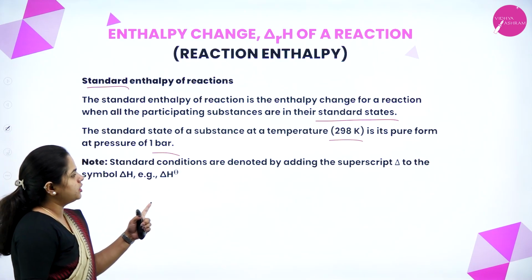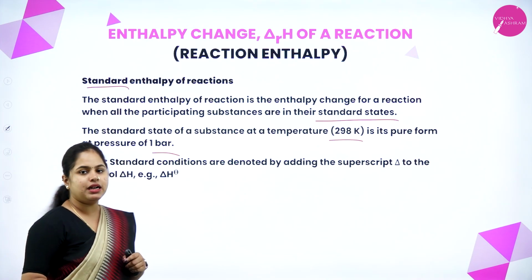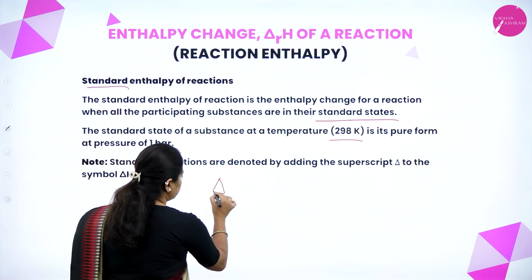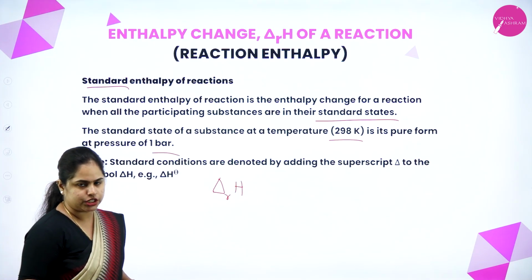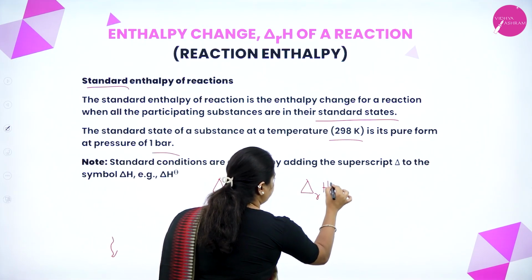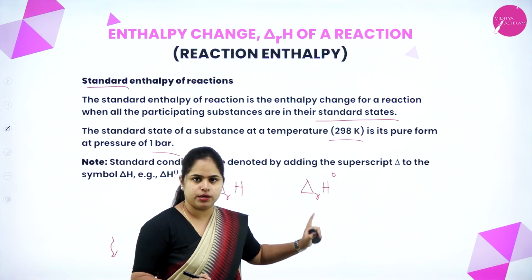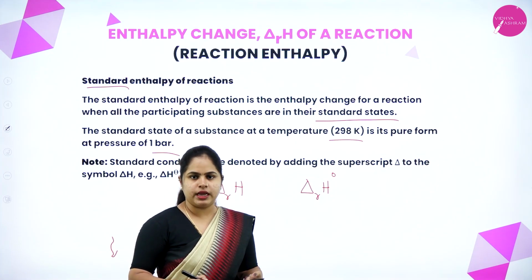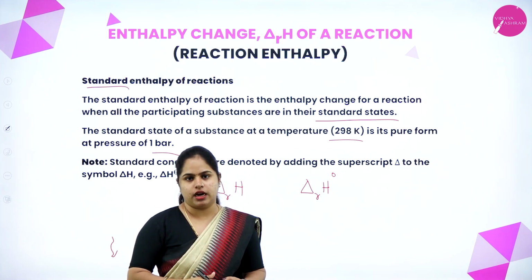And the standard conditions are denoted by adding a superscript to the symbol delta H. This is how you represent the enthalpy of the reaction, and if it is in standard condition, you have to put a superscript, that is delta rH naught, on top of H, which indicates that it is in standard conditions.